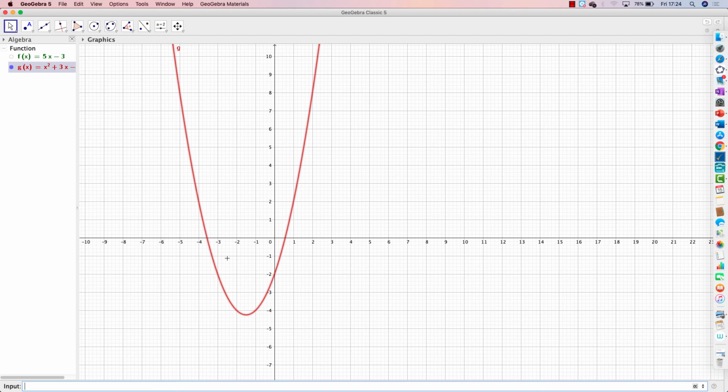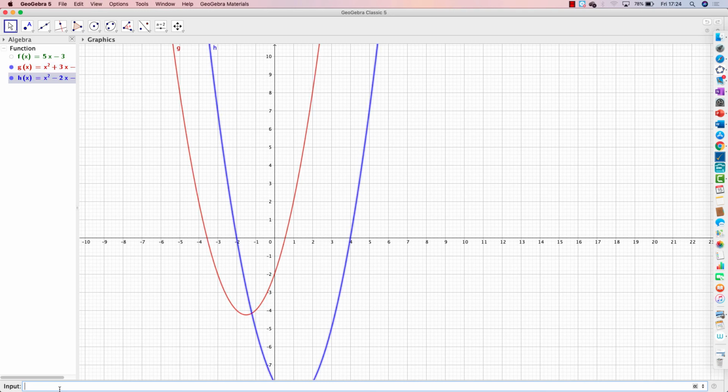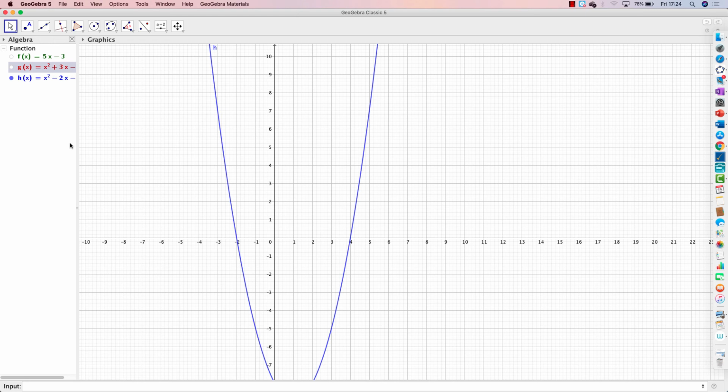Now if we look up here, x squared minus 2x minus 8. Where does our function run through our x-axis?